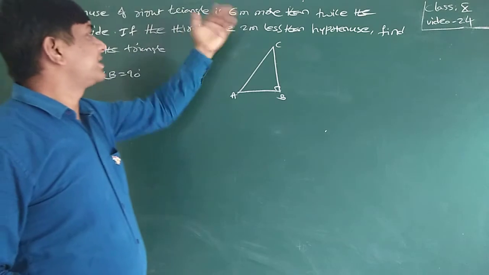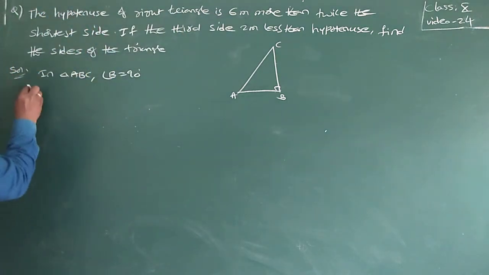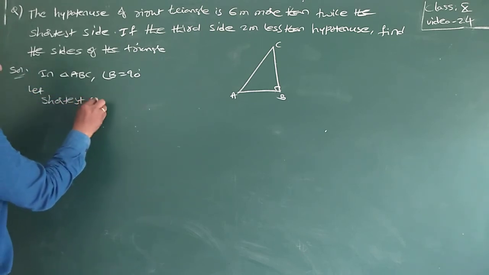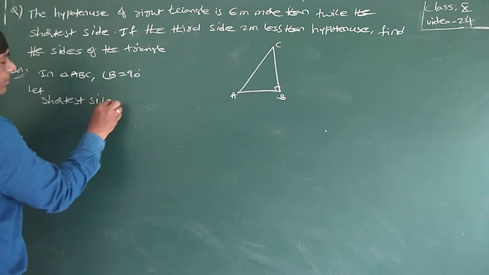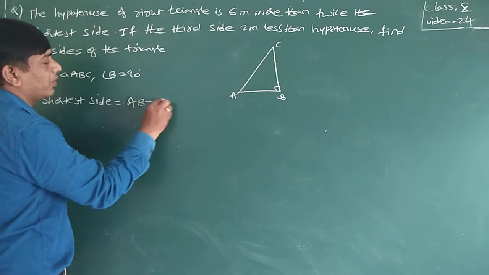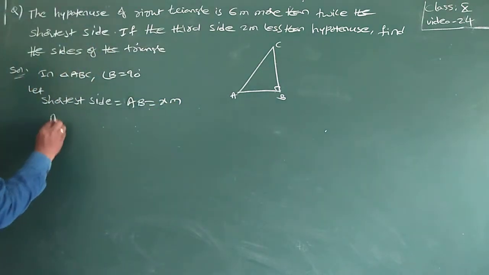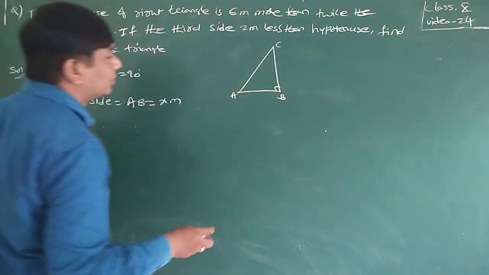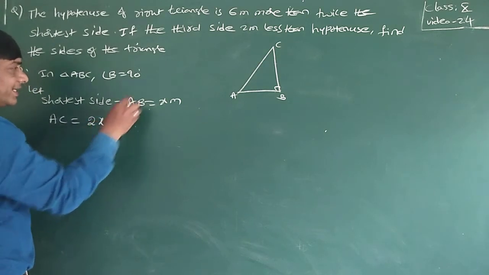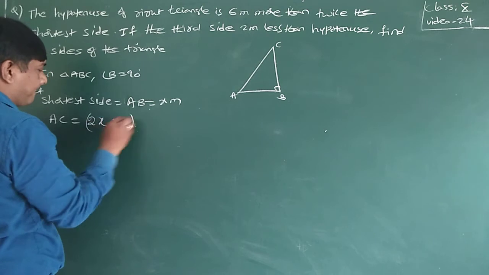The hypotenuse of the right triangle is 6 meters more than twice the shortest side. Let us assume that the shortest side AB is equal to x meters. Then the hypotenuse AC is equal to 6 meters more than 2 times the shortest side, so 2x plus 6.